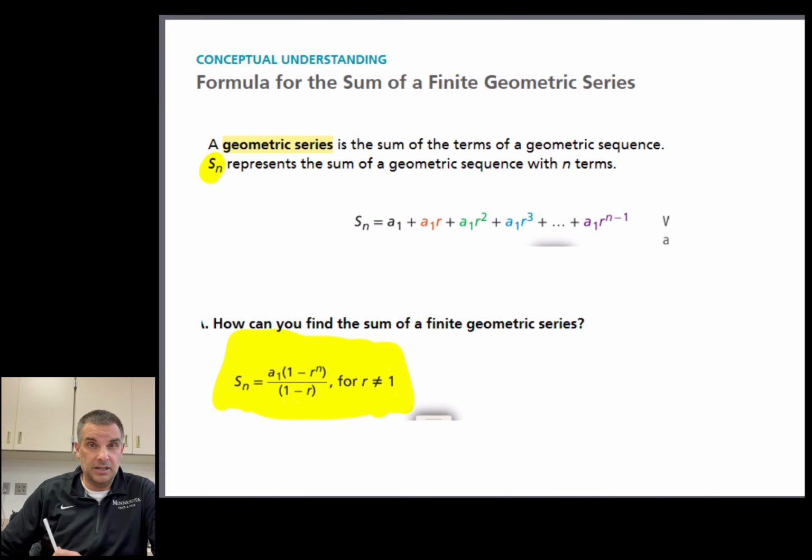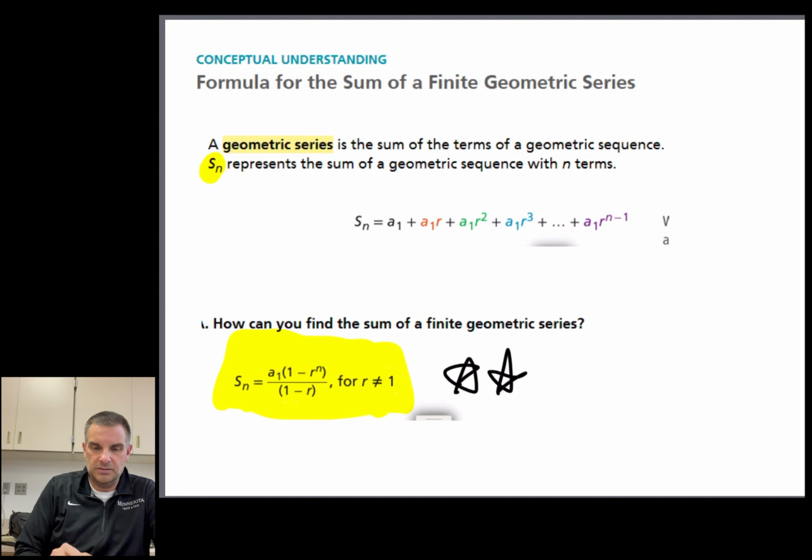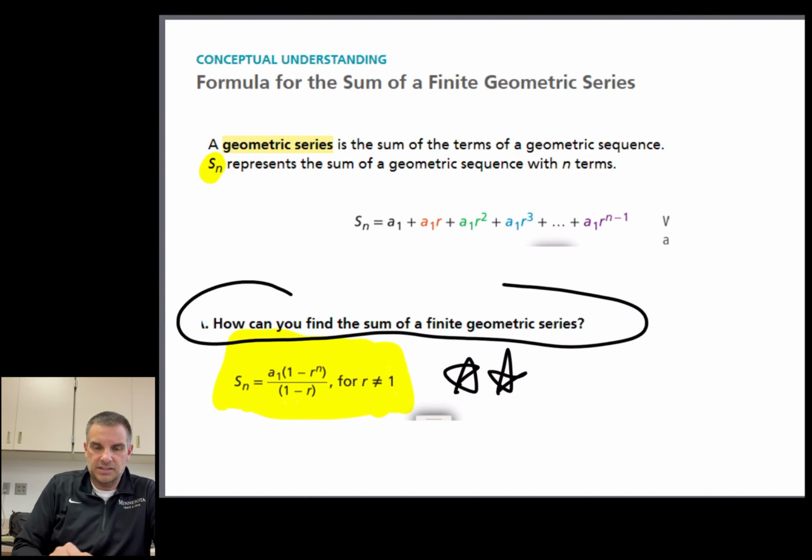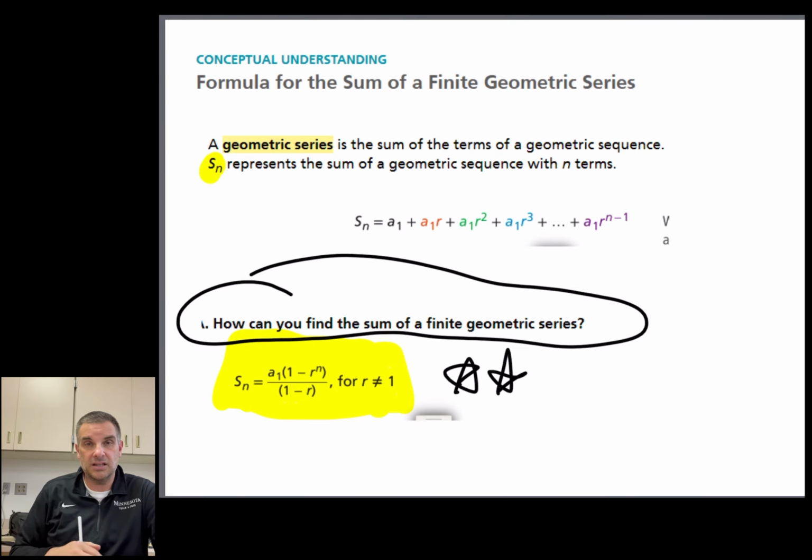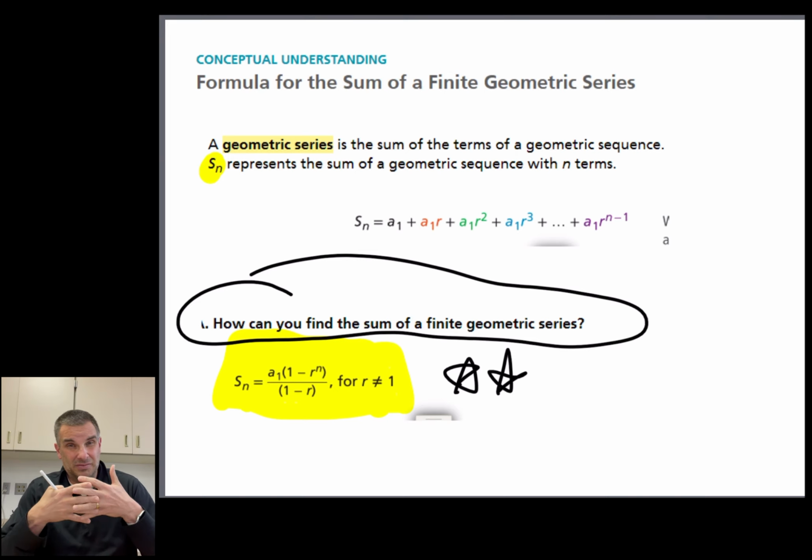Here r is your ratio, and n is the number of terms that you are finding the sum of. You're going to highlight this, put a star by it, do whatever you need to do, and this is how you find the sum. S of n means finding the sum. We're going to use this formula to find various things, not only the sum of a geometric sequence, but eventually the nth value, and pull in some logarithms.